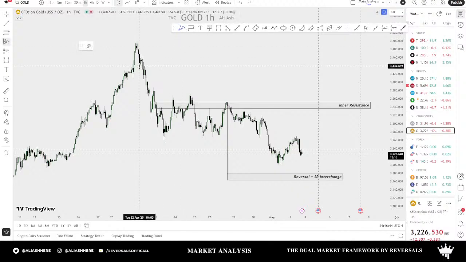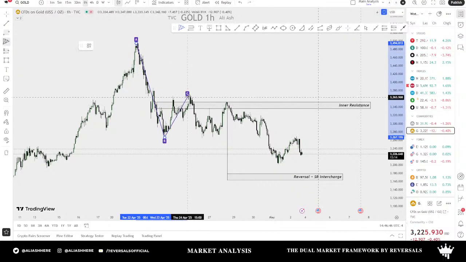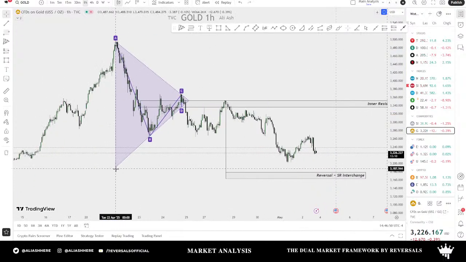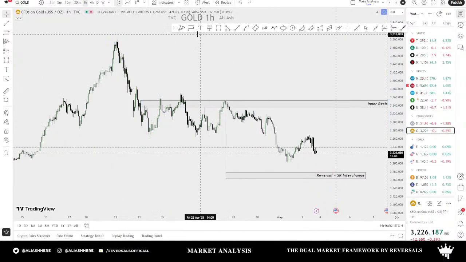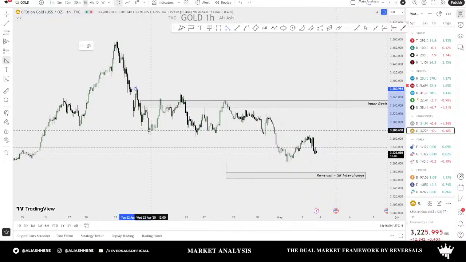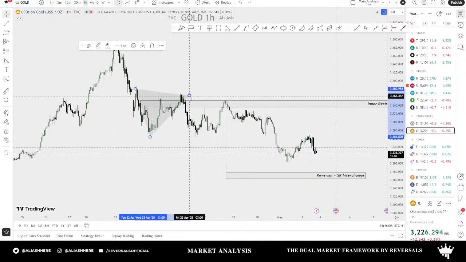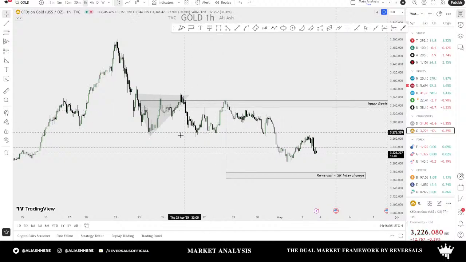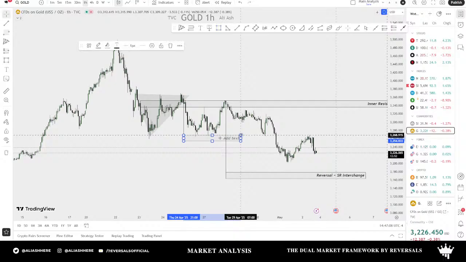Also, you can see we have the pennant here. By using this, let's see the reversal here, and here we go.